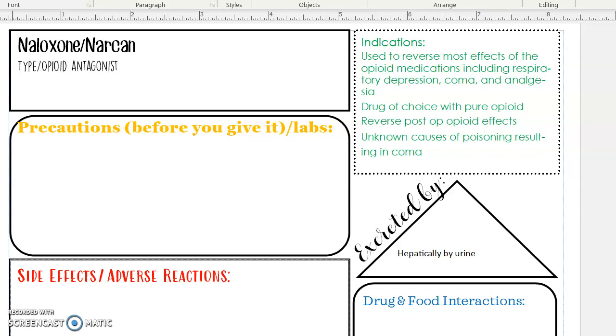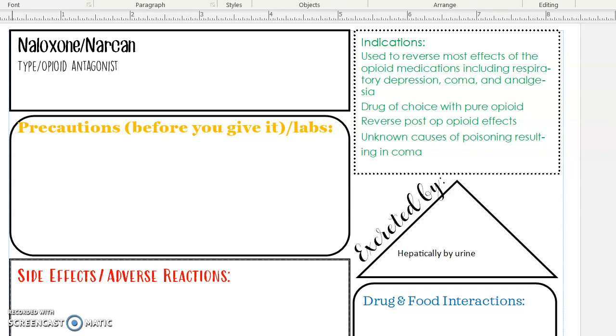And then when naloxone starts to release from those receptors, the opioids are still in their system because they last longer than the naloxone, so they could go back into respiratory depression. So you need to be sure that you have that drug available to administer again.